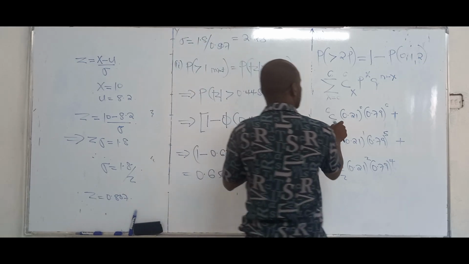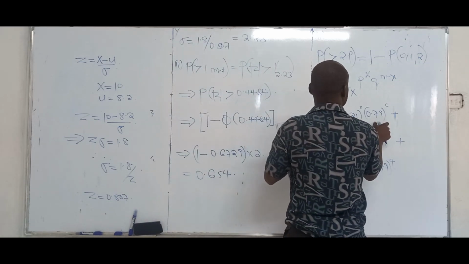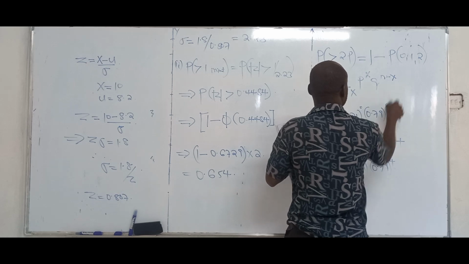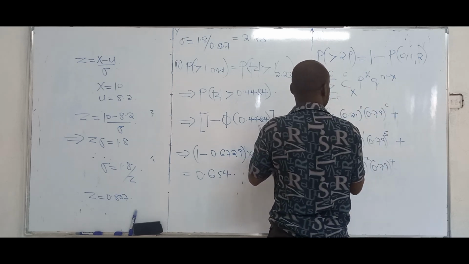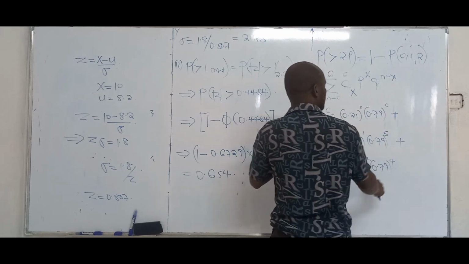So this one represents the probability that there is 0, this there is 1, and this there is 2.